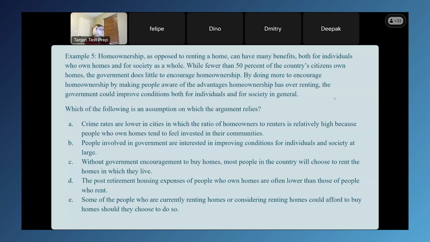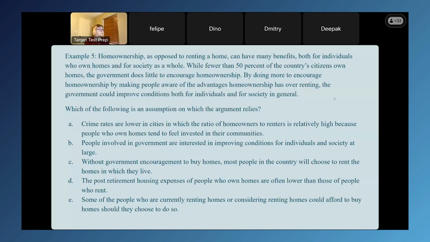B, people involved in government are interested in improving conditions for individuals and society at large. This is not a necessary assumption because the conclusion is if the government encourages homeownership, then conditions could improve. If the government just does not care about improving conditions and they don't do this thing, then this argument isn't about them.